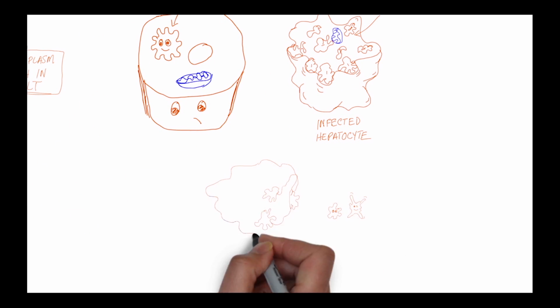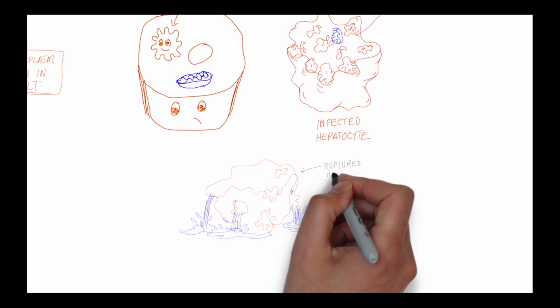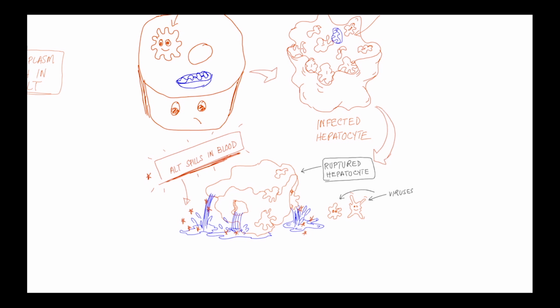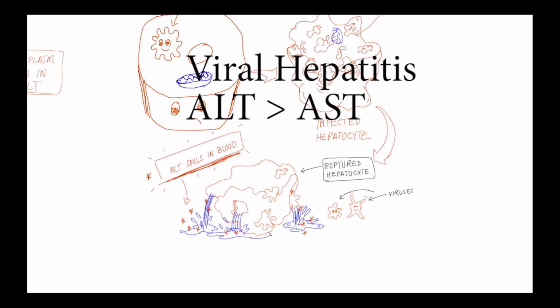When the cell will burst open, what do you think will spill out? Cytoplasm would spill out. Now cytoplasm has what enzyme? ALT. Mitochondria will spill out as well and they will break as well and they would release AST. However, cytoplasm has more abundant enzymes, so ALT levels in these patients are going to be higher than the AST levels. So viral infections have greater quantities of ALT compared to AST.